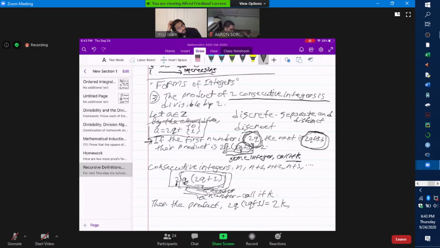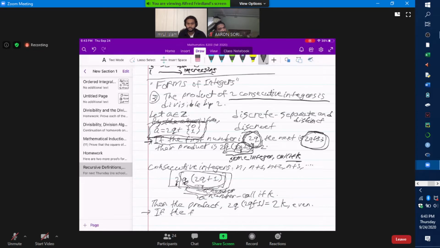And by definition, 2 times an integer is even. That's if the first number is 2q. So there's another possibility over here in this box. The first number could be not 2q plus 0, but 2q plus 1.